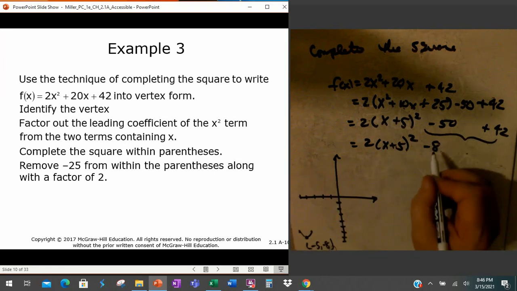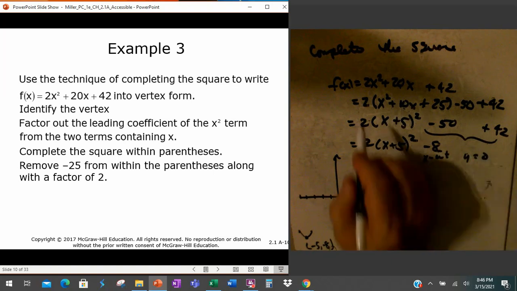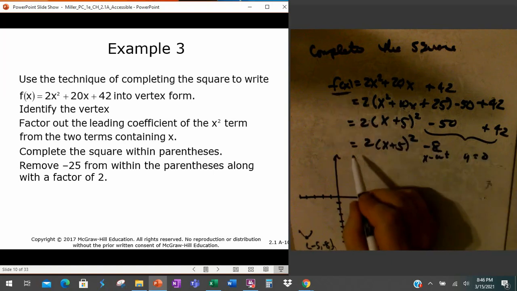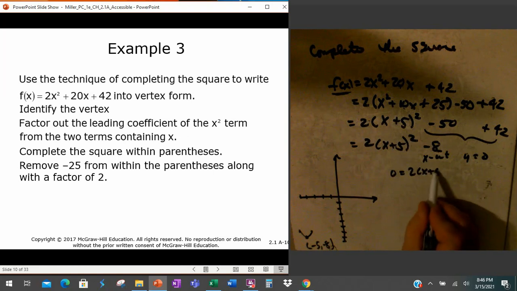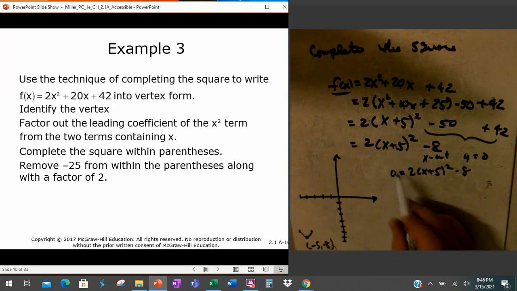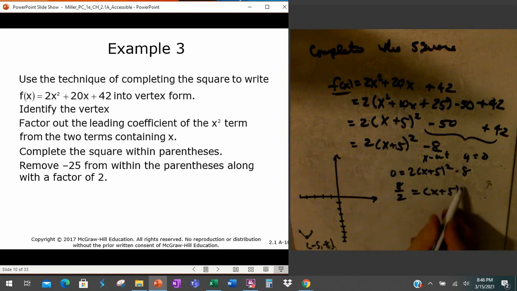So I want to find my x-intercepts. I set y, my f of x, equal to 0. So 0 equals 2 times (x plus 5) squared minus 8, plus 8 to get that over there. Divide by 2, and now this is the 4.